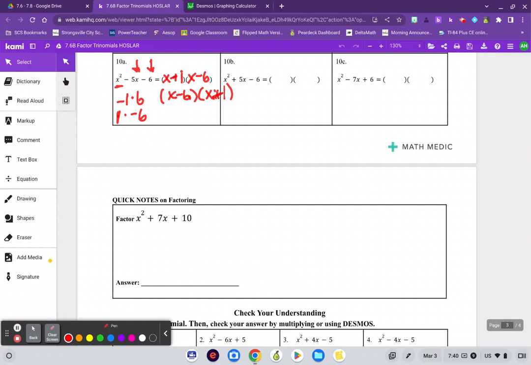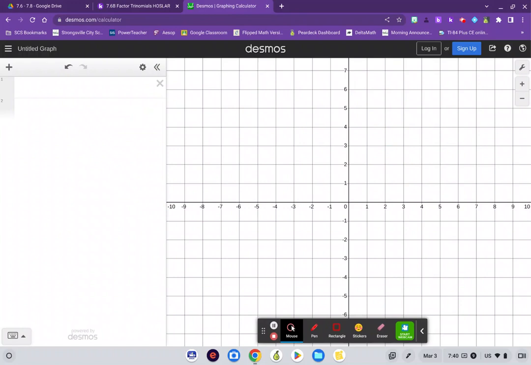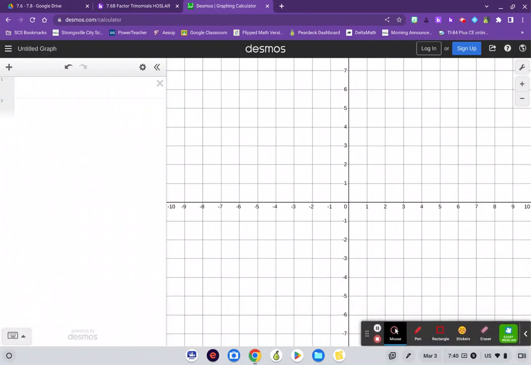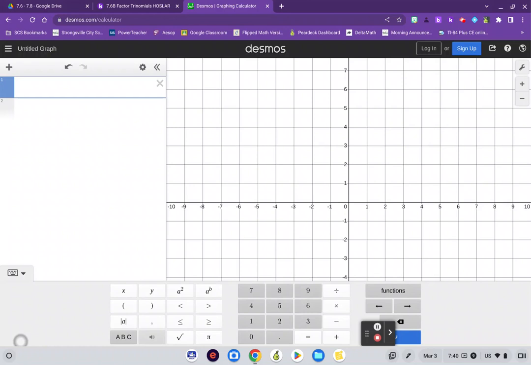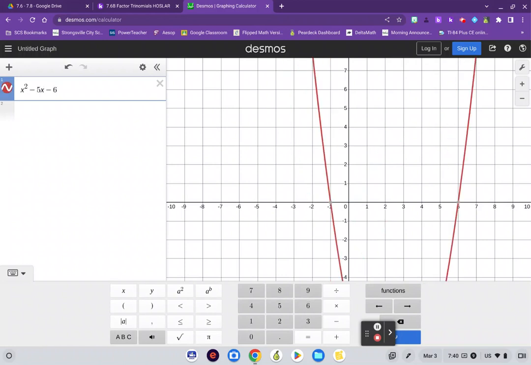Now let's use Desmos to check. So in Desmos, I'm going to type the original expression that was given to me in the first bar, and I'm going to type the new answer that I came up with in the second bar. And I'm going to check to see if these are the same. Okay, so in my first bar, I'm going to have x squared minus 5x minus 6.